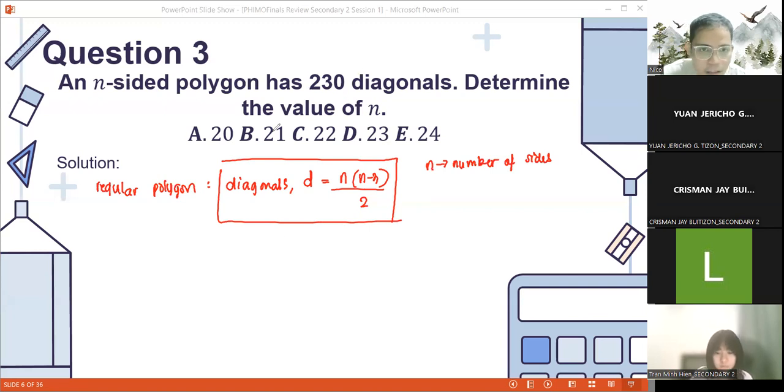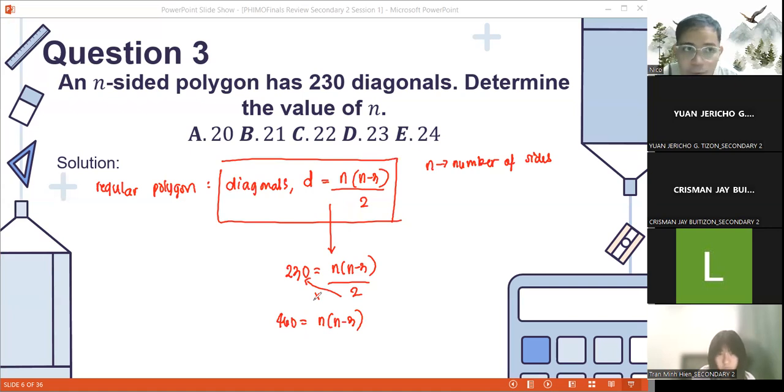Because we were given that the polygon has 230 diagonals. So let's say we have this now as 230 is equal to n times n minus 3 over 2. So it becomes 460 equals n times n minus 3, because you need to cross multiply. So the 230 there becomes 460.